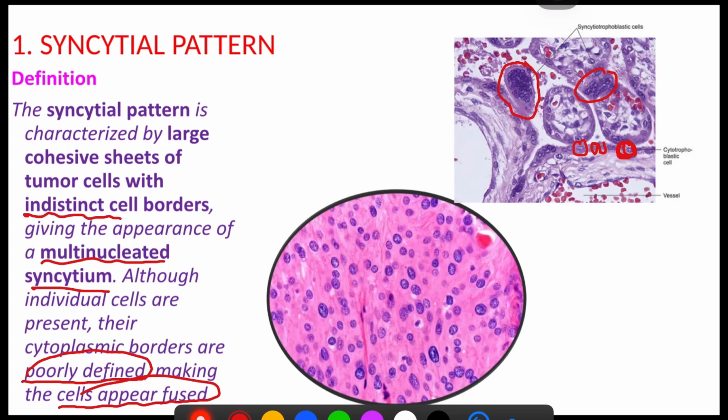Cells are visible, but you cannot appreciate the cell border because they are fused together, and the appearance is of a single cytoplasm with multiple nuclei sitting together.